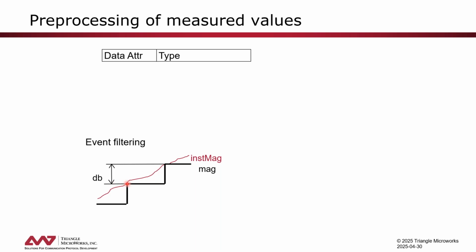At a certain moment, we transmit the value, and then we wait until a certain deadband is reached. That can be calculated as an integral deadband, as an absolute one, and then we have a new value that we communicate. So instead of communicating all the time, we just communicate after the deadband.